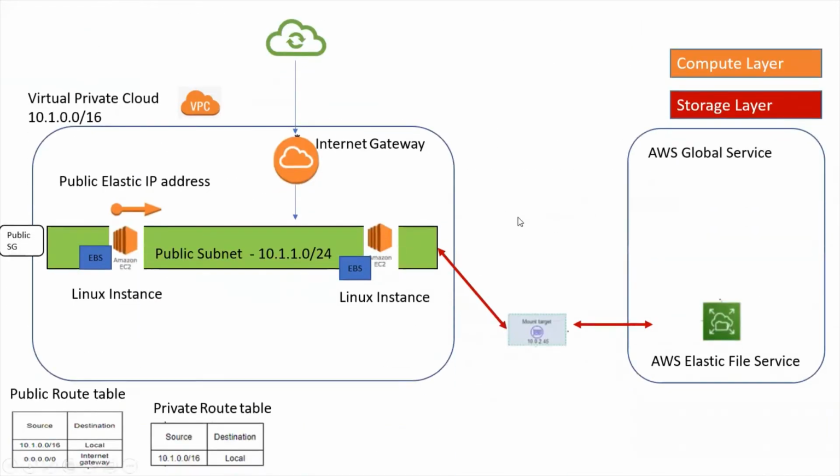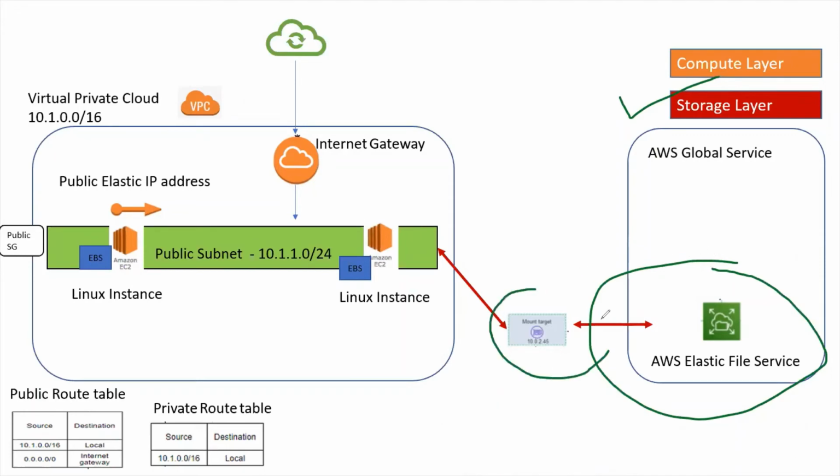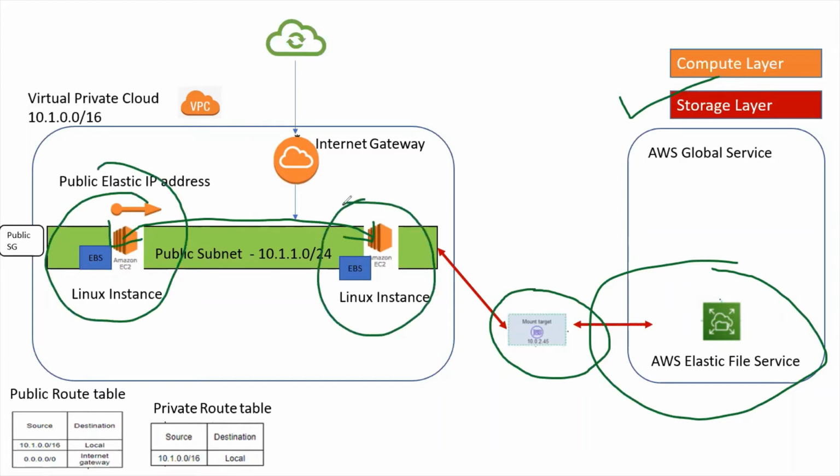This is our diagram, and as a part of the storage layer, we are creating this EFS file system. We have created this Elastic File Service in AWS, and we will create a mount point, and then we will access this mount point from our Linux machines that I have created on the public subnet.